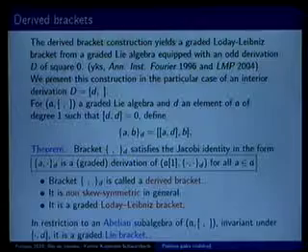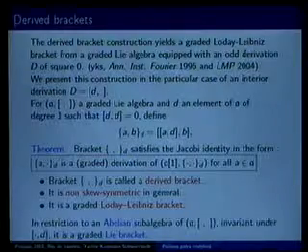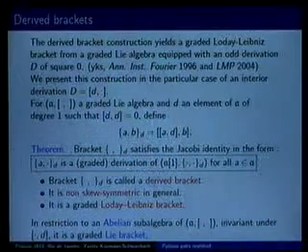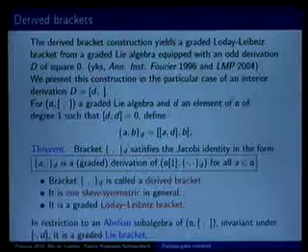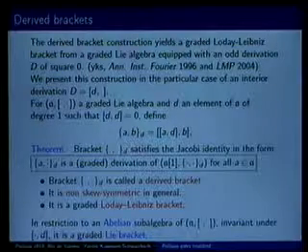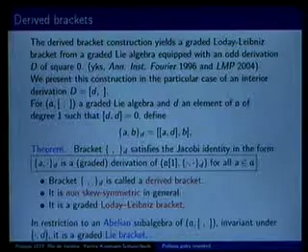Here I present this construction in the particular case where the derivation of square 0 is the interior derivation by an element small d in a graded Lie algebra A. The derived bracket is defined as simply as possible. You take two elements in A, small a and small b, and you declare the derived bracket to be the original bracket of a and d, the whole thing bracketed with b.